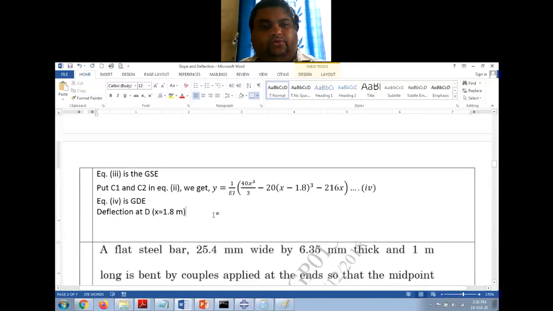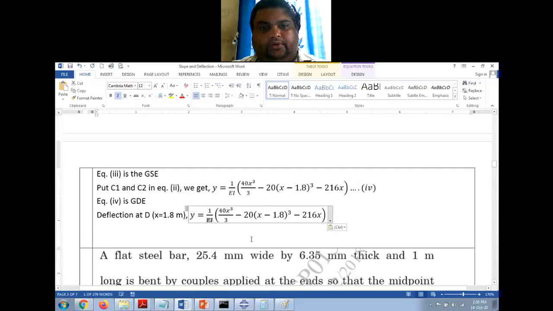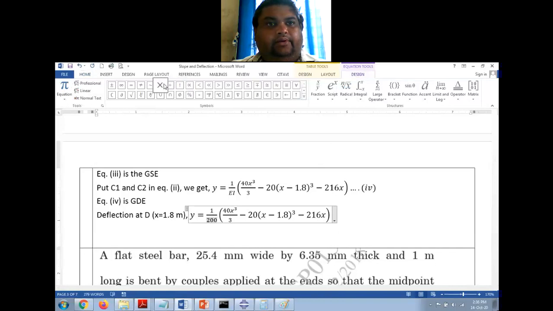I will just copy this. This will be 200 into 160. This is 1.8 cube.